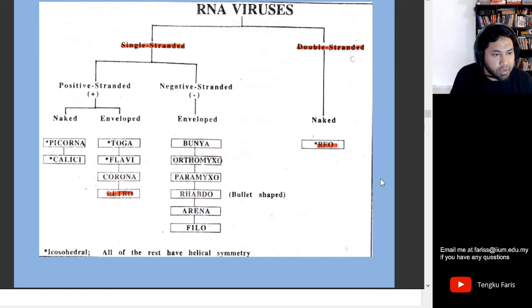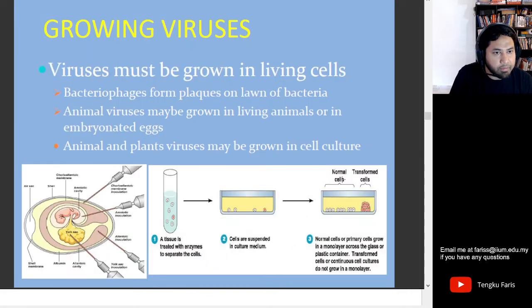The most common examples have been highlighted there. In the case of RNA viruses, single-stranded and double-stranded, you can see the examples of the types of viruses.